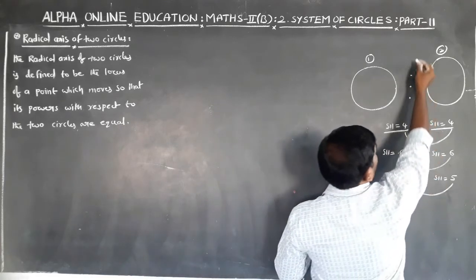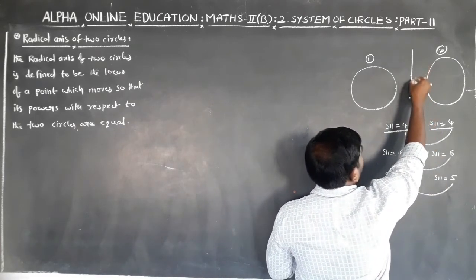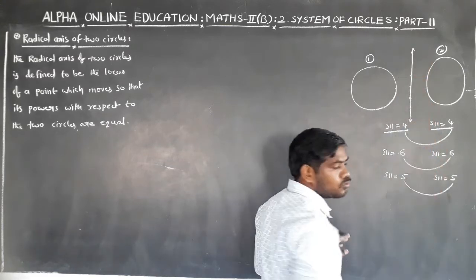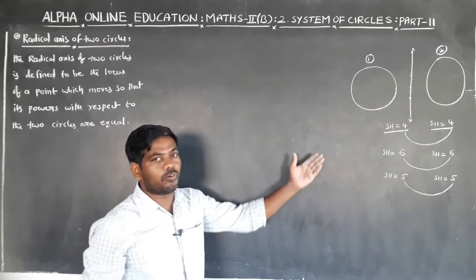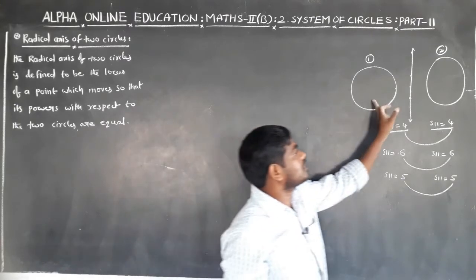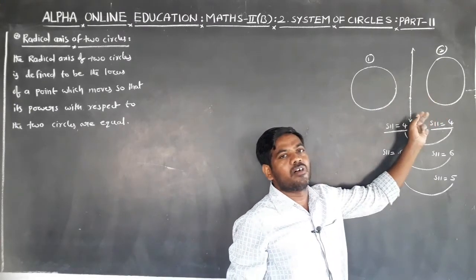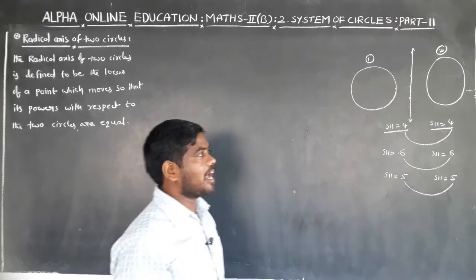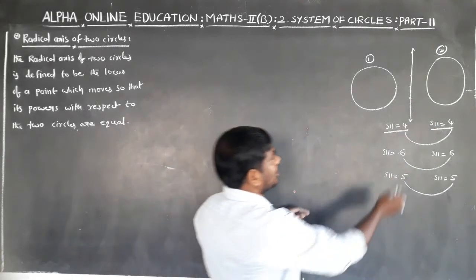Here, the locus of a point which moves so that the powers of the point with respect to the circles are equal is defined as the radical axis of the two circles.